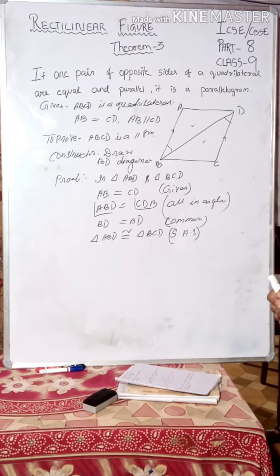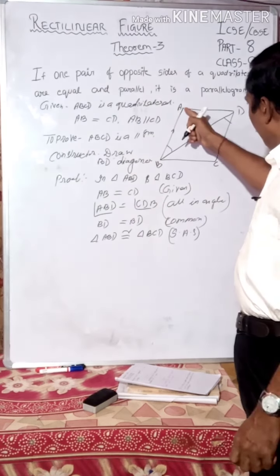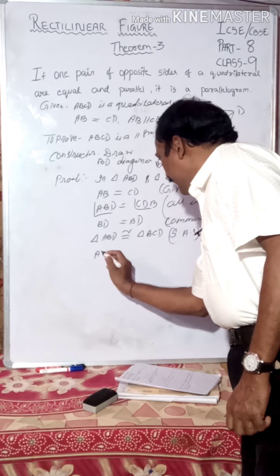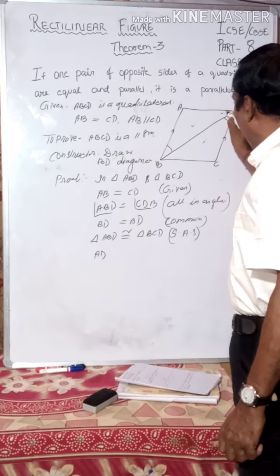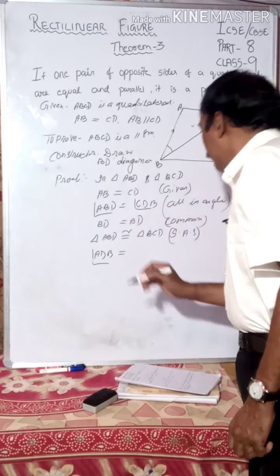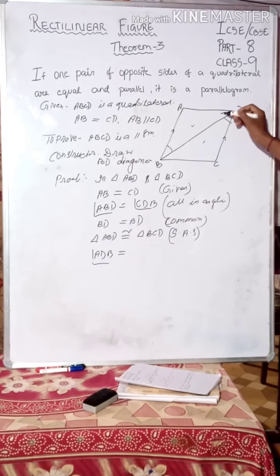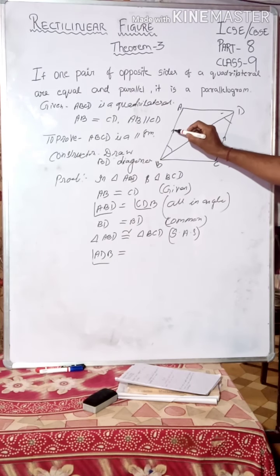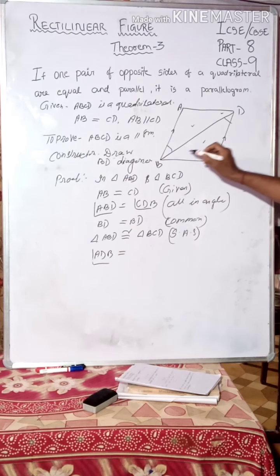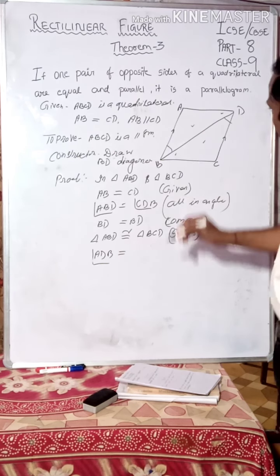Then angle ADB is equal to, this angle is opposite to AB, AB is equal to CD, so opposite to CD is this angle, so ADB is equal to CBD.